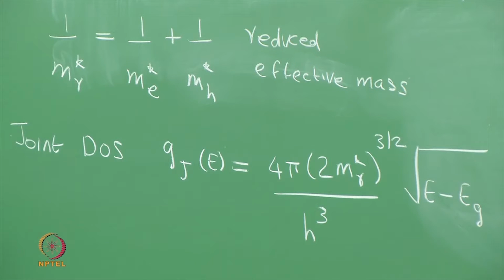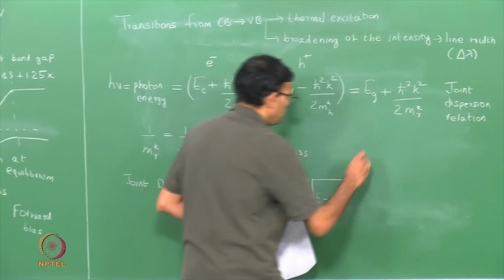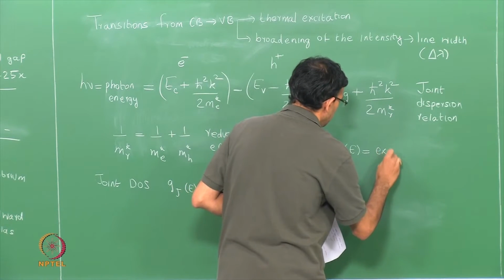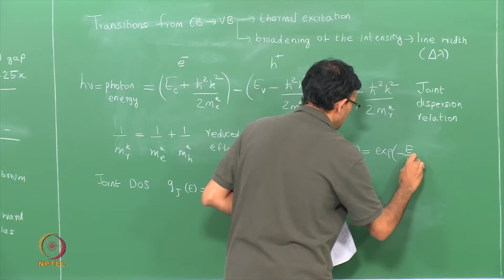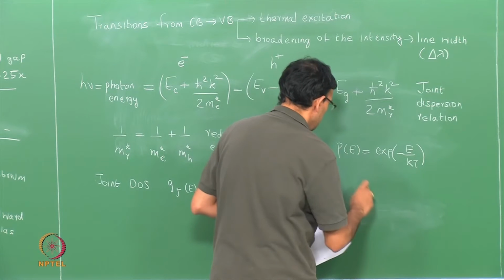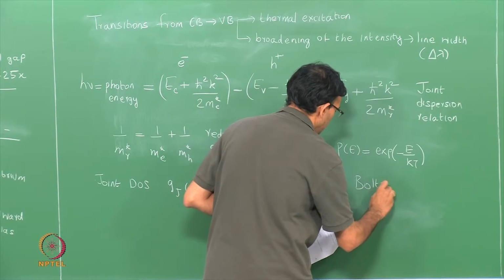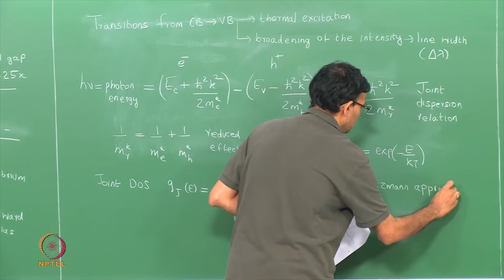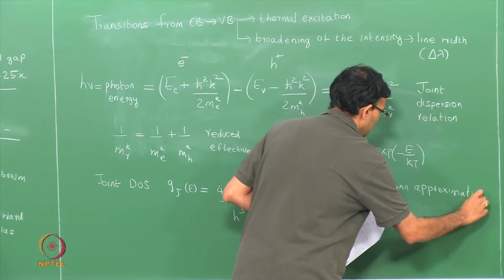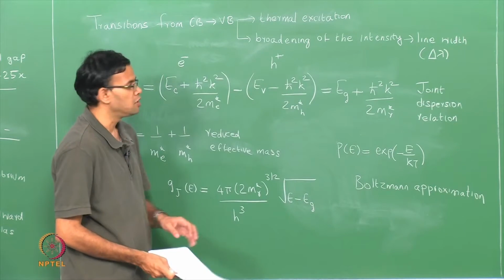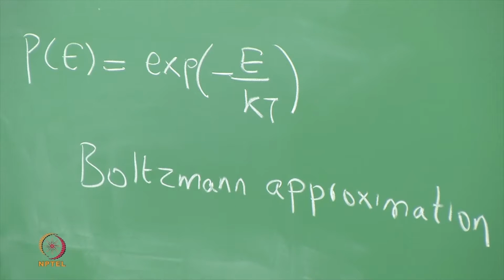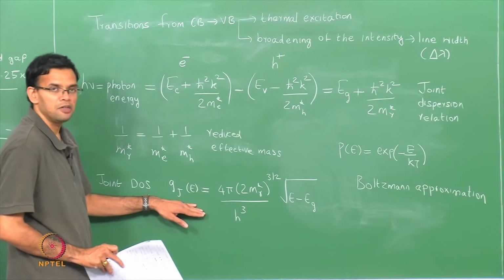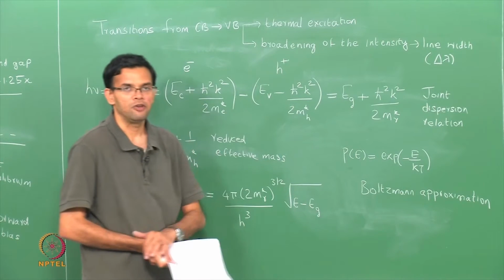You can assume that the occupation is a simple Boltzmann function, so that P of E is just exponential minus E over kT. So, this is a Boltzmann approximation. So, the line width, which is the spread of the light that comes out from the LED because of thermal excitation, depends upon the density of states and the probability of occupation.